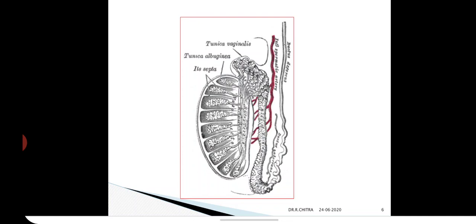Then from this, about 12 to 20 efferent ductules will arise from the upper end of the rete testis and enter the head of the epididymis. Then the efferent ductules unite to form a single duct that is called the canal of epididymis. So this is about the structure of the testis.